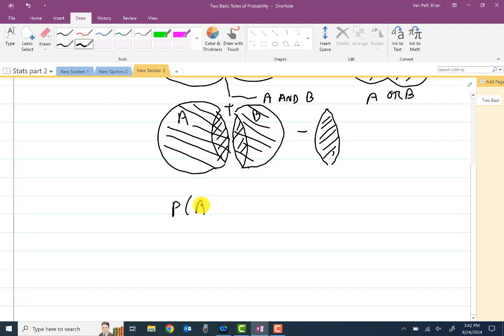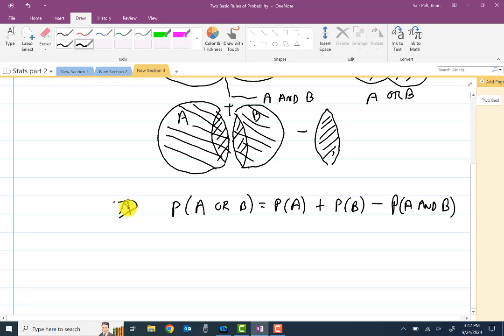The probability of A or B equals the probability of A plus the probability of B, and I'm going to subtract from that the probability of A and B. So that's one for your formula books. This is the formula for OR.